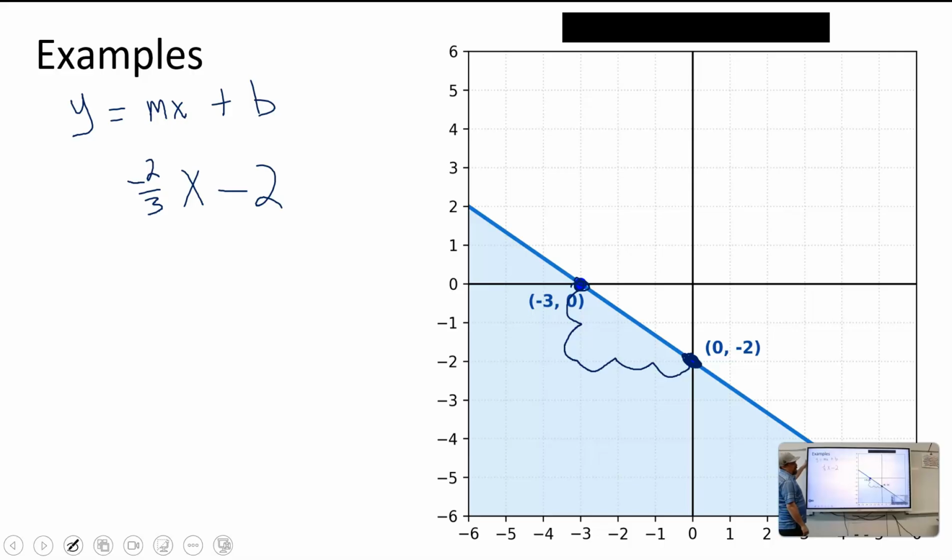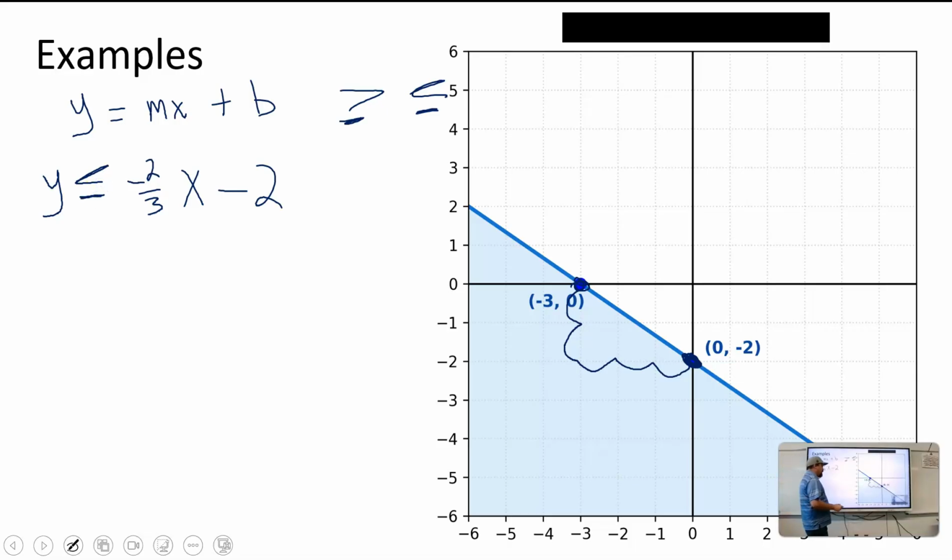Now, let's determine whether it is a solid or a dotted line. It's going to be solid, which means we're going to use a greater than or equal to, or a less than or equal to. Well, where is it shaded? It's shaded below the line, which means I'm going to have y is less than or equal to.